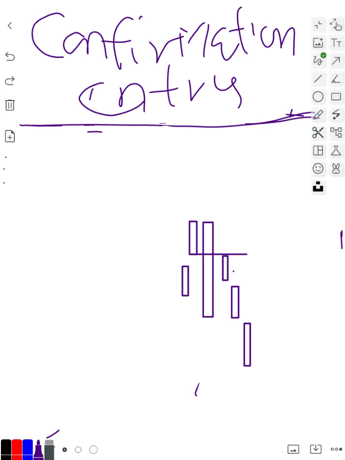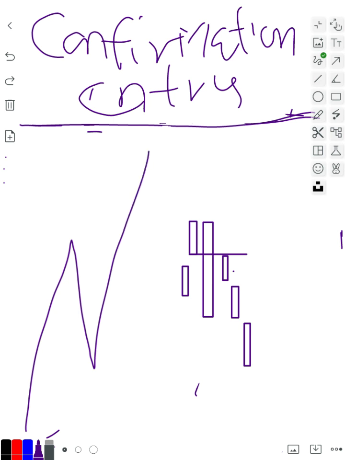So now let's say we have price. This is what confirmation entry looks like. Now I will align it with a structure so that we can understand what we are doing. You understand? Now this is the level that I marked as my POI.